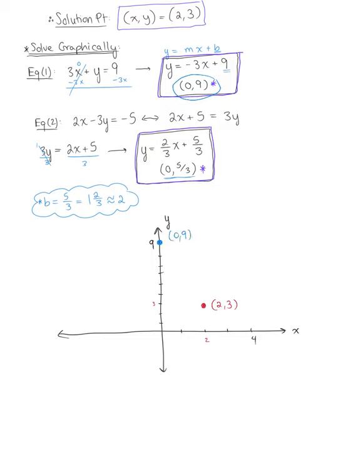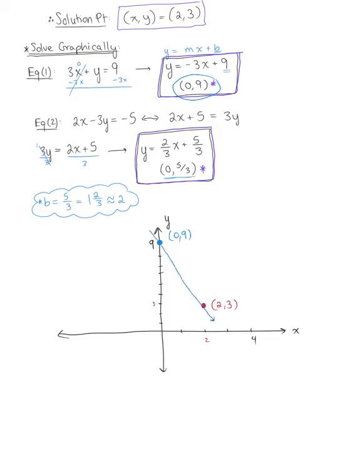There is our y-intercept, and connecting these 2 points, we have the graph of equation 1, which we always want to label. So our equation 1 here is y is equal to minus 3x plus 9.